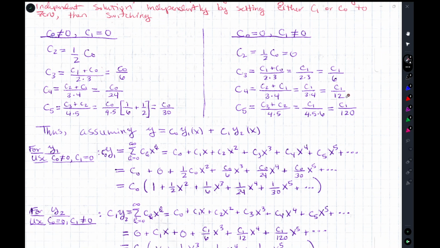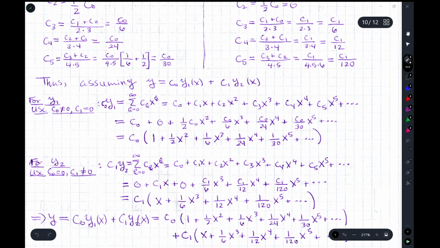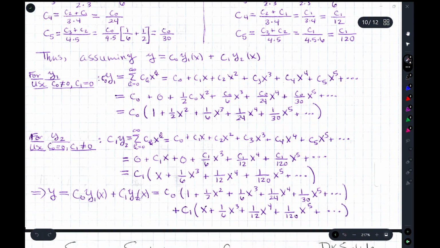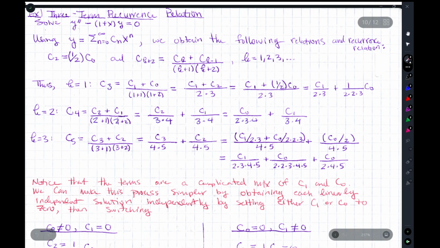So just be cognizant that you're turning off one of the solutions versus the other, and that you have to go with both solutions and do each of these. Technically we could have done that for previous problems, but it's pointless because here we want to get rid of one of them in the recurrence relation.